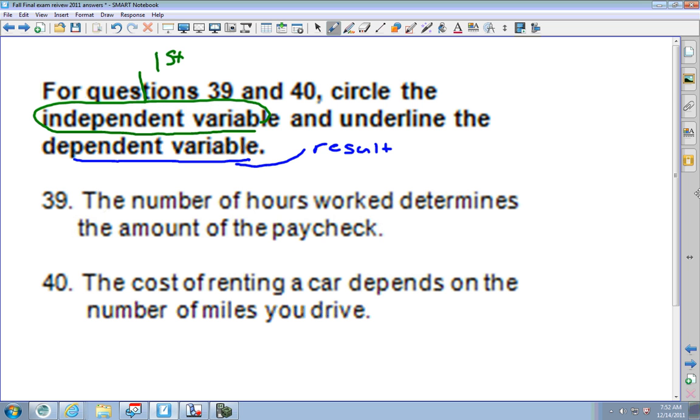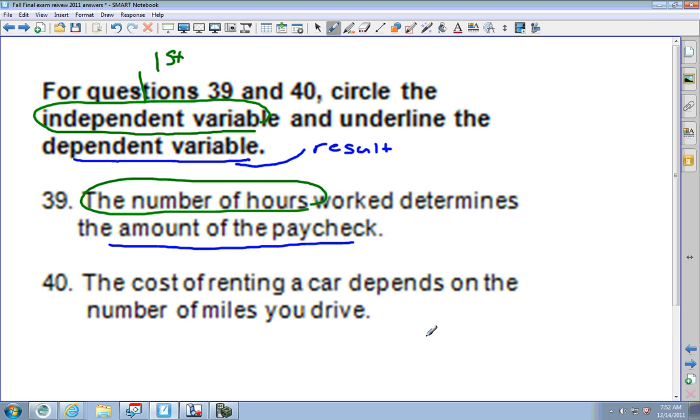What happens first? You have to work first. And the amount of your paycheck is the dependent variable. The cost of renting a car depends on the number of miles you drive. Well, you have to drive the miles first. Then your total cost of renting the car is your end result.